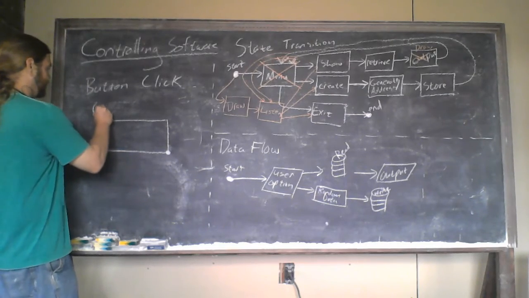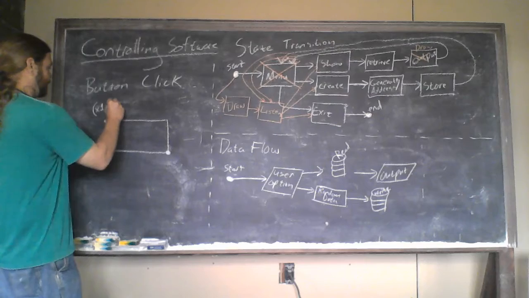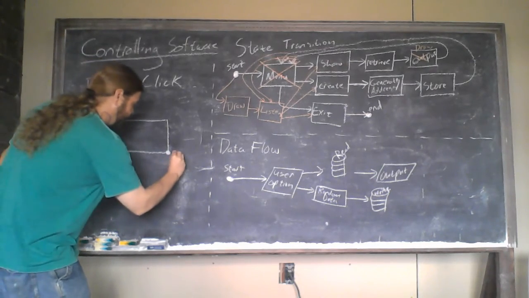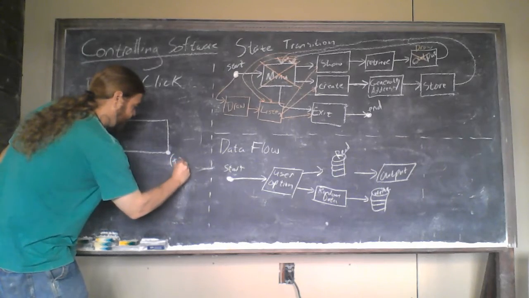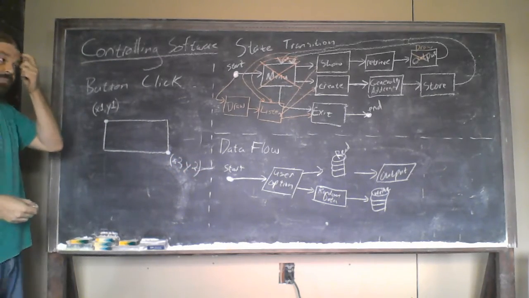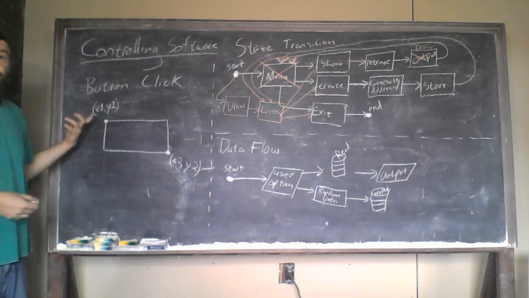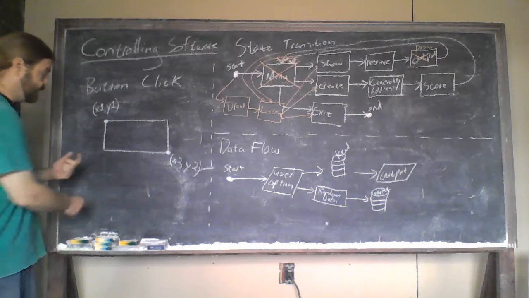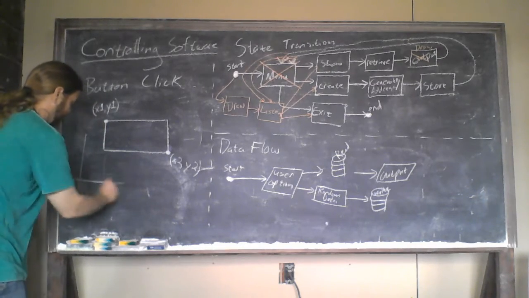So I'm going to call this X1, Y1 will be this point, and this point will be X2, Y2. So we have those 2 points. And you might remember from graphing that, like X, that's a number on our axis, right?